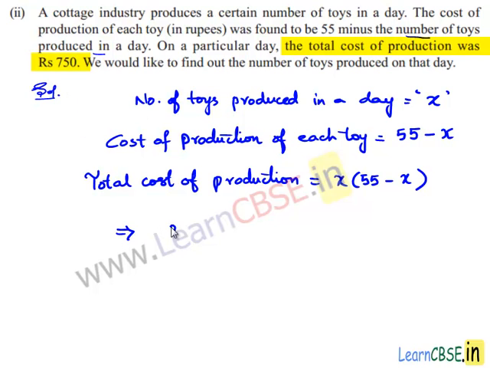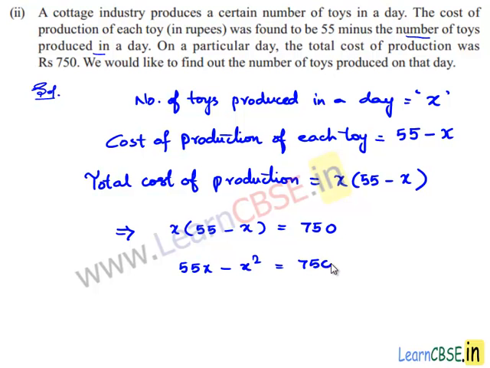We can write x times 55 minus x is equal to 750. On multiplying, we get 55x minus x square is equal to 750. Transposing the terms from the left hand side to the right hand side, we get x square minus 55x plus 750 is equal to 0.